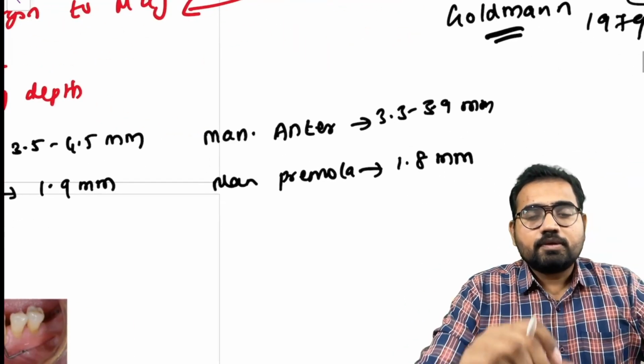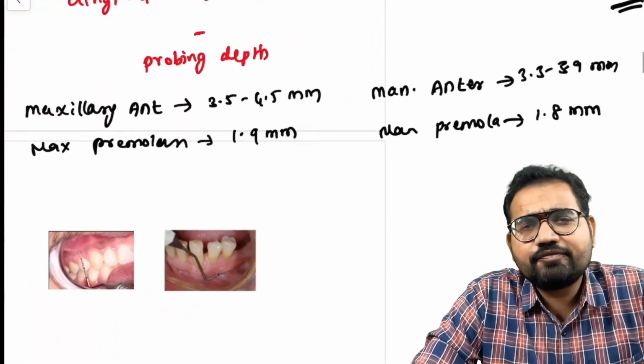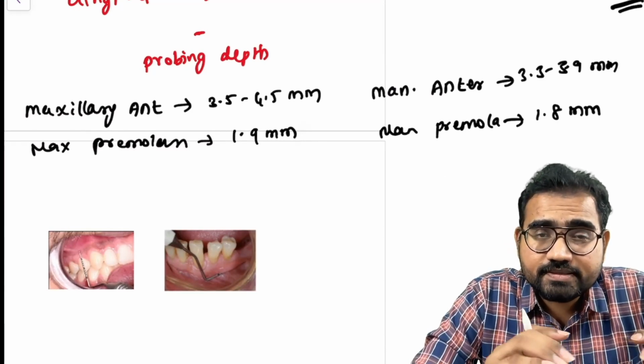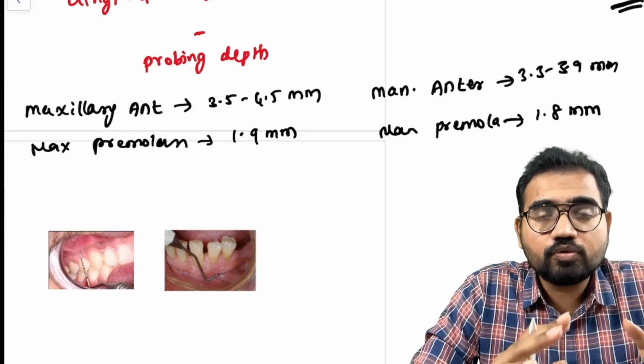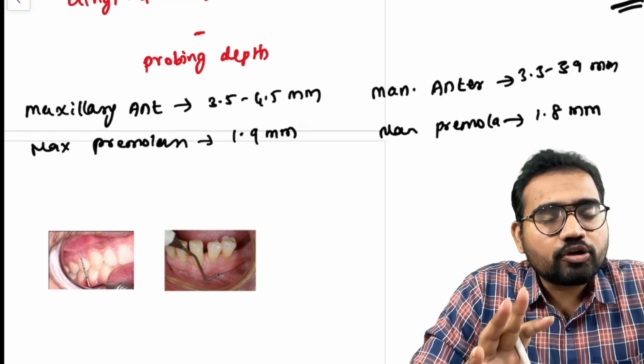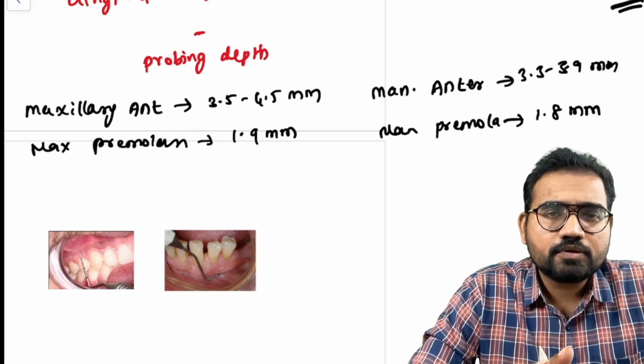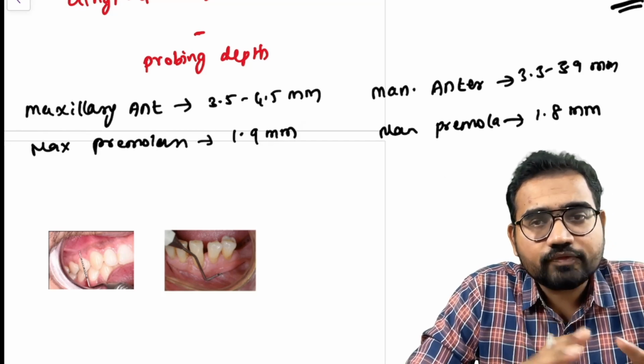What is the significance? Why we should know these values is, a few authors have suggested that it is mandatory to have some amount of attached gingiva to maintain the health of the gingiva.